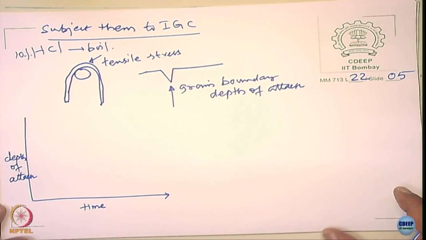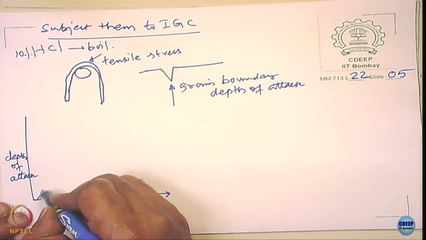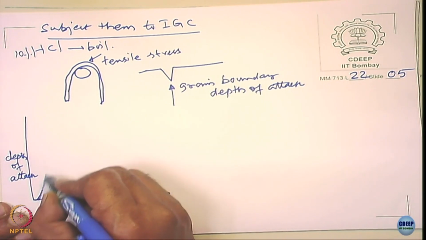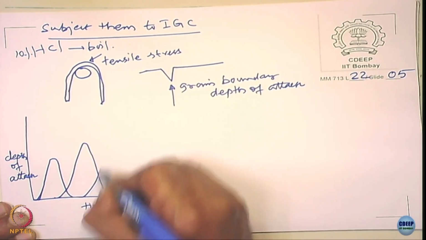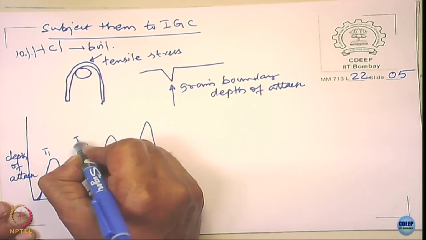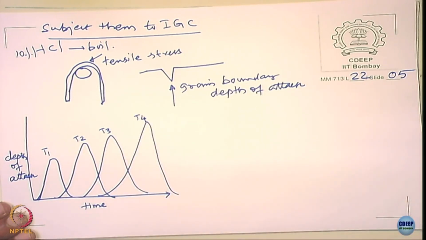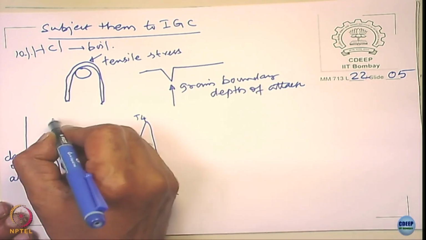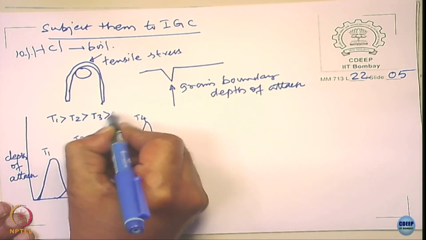You can do it for different temperatures, and you will notice that you can have several temperatures, and in this case what happened, T1 is greater than T2 is greater than T3 greater than T4.